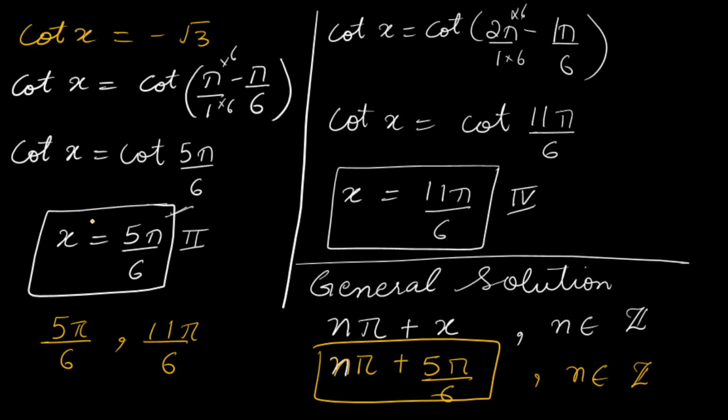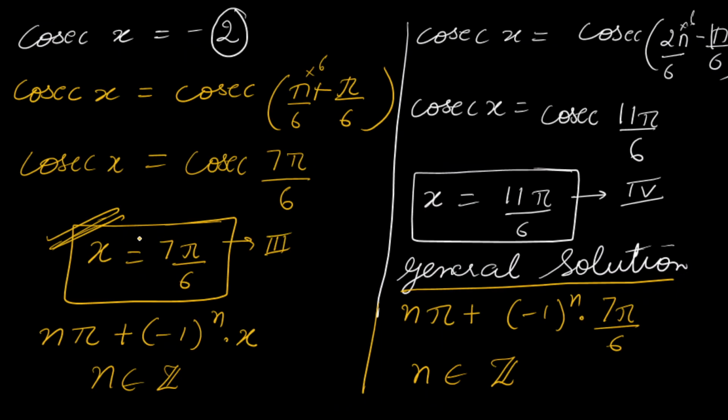In the third, the principal solutions are x is equal to 5 pi by 6 and 11 pi by 6, and the general solution is n pi plus 5 pi by 6. In the last one, x is equal to 7 pi by 6 and 11 pi by 6 are the principal values, and the general solution is n pi plus minus 1 to the power n into 7 pi by 6.